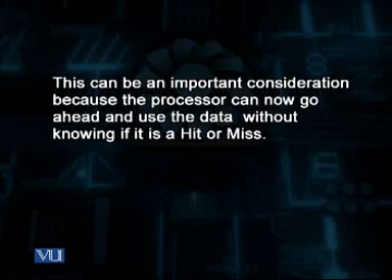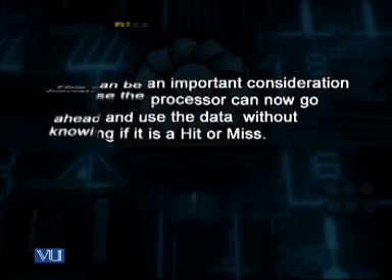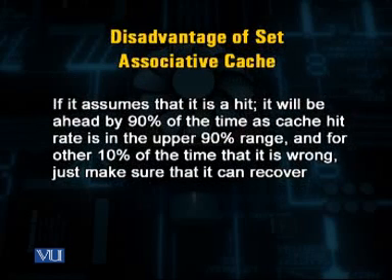So this can be an important consideration, because the processor can now go ahead and use the data without knowing if it is a hit or a miss. So it can assume that it is a hit, or it can assume that it is a miss.